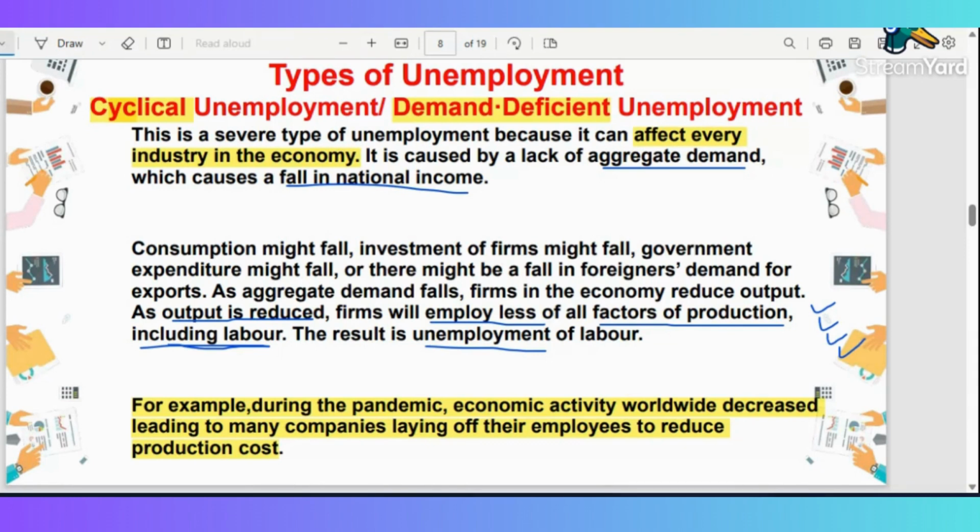Then the firms will try to reduce the production cost. And we did say, in a previous chapter, that production cost is the cost incurred for producing goods and services.